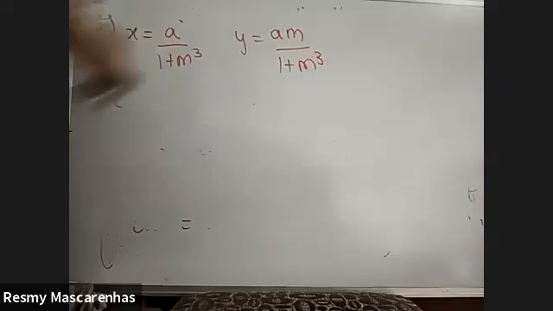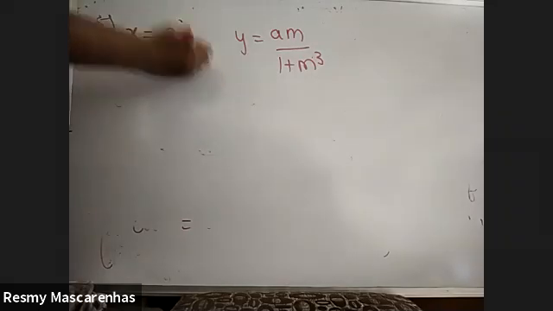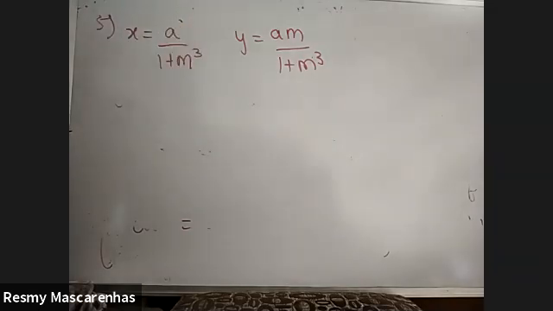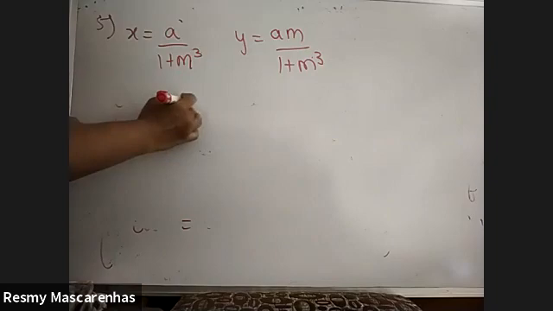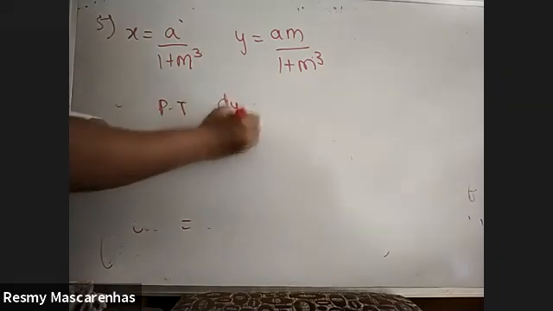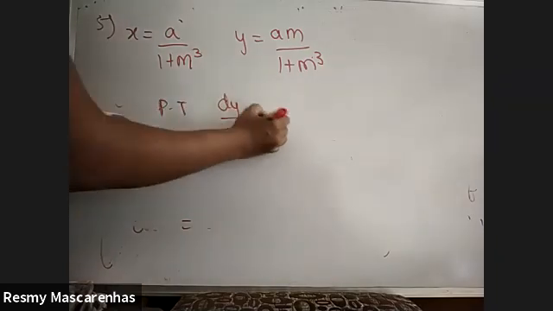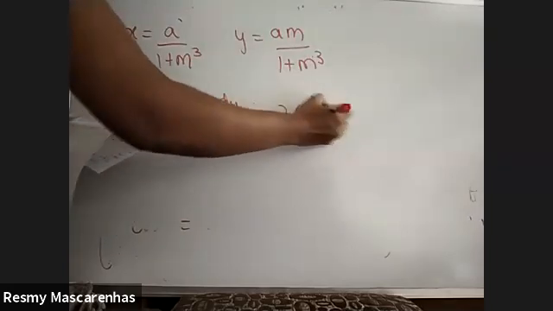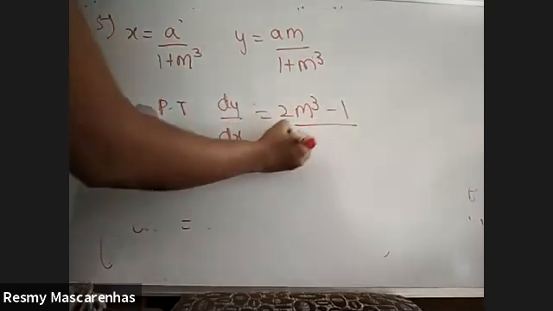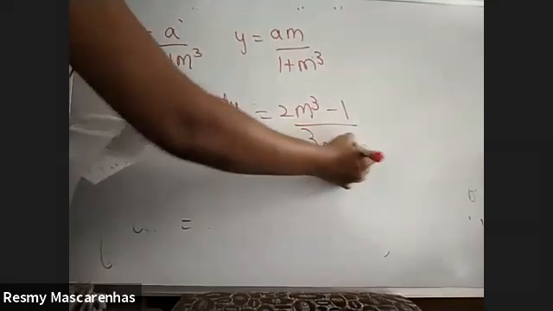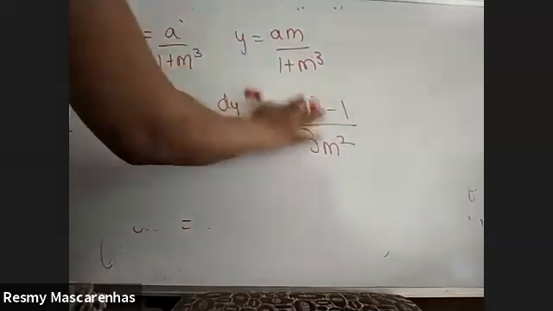Just try. Here it is, with respect to m; you will have to differentiate with respect to m instead of t. So you will have to find dx upon dm and all. So prove that dy by dx is equal to 2m cube minus 1 upon 3m square. This is cube.